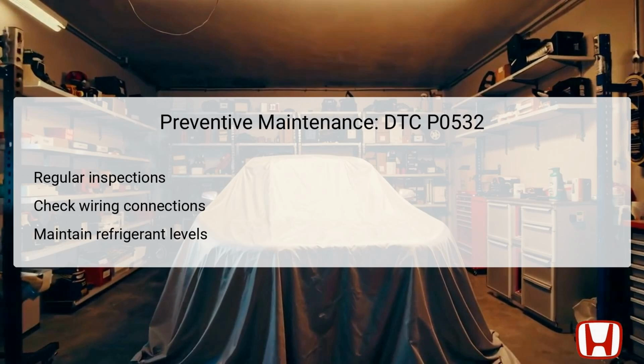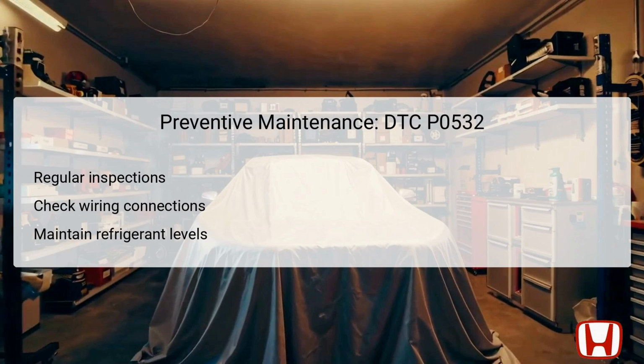Additionally, monitoring the wiring for any potential frays, corrosion, or loose fittings can help avoid any low voltage issues. Keeping the refrigerant levels within the manufacturer's specified limits is equally important, as incorrect refrigerant levels can also lead to abnormal pressure readings, ultimately triggering error codes.